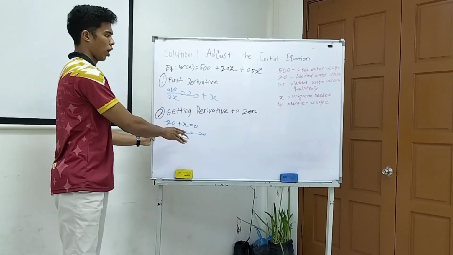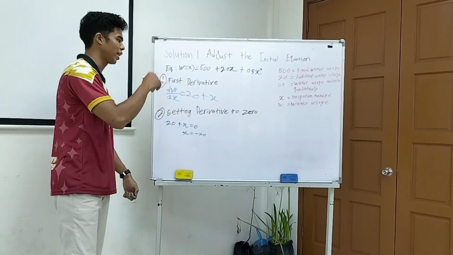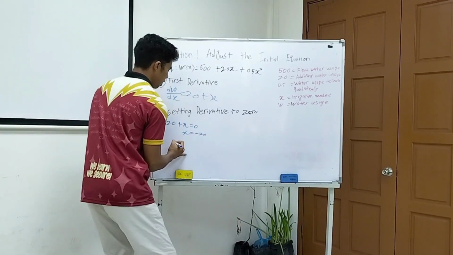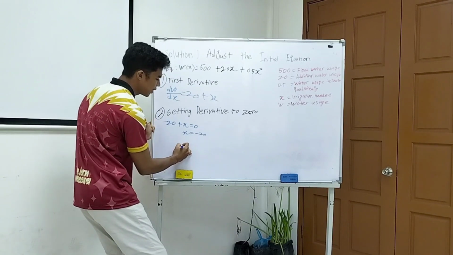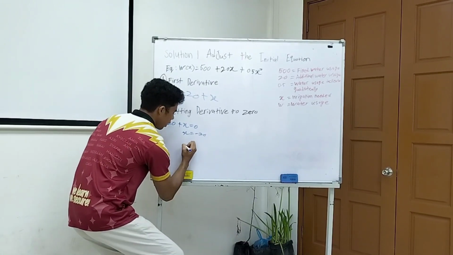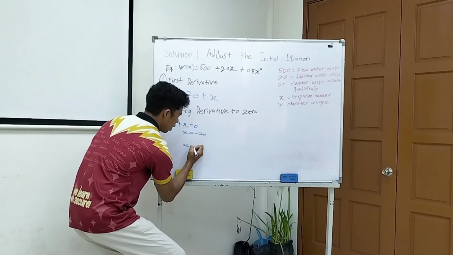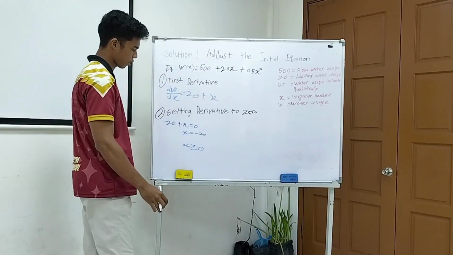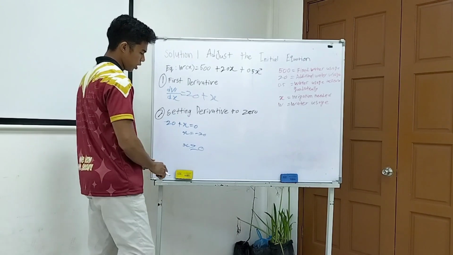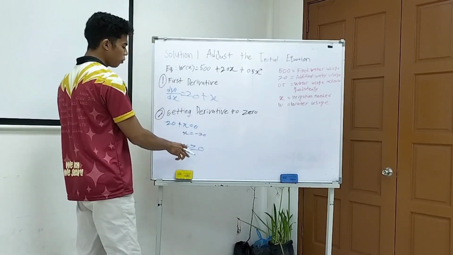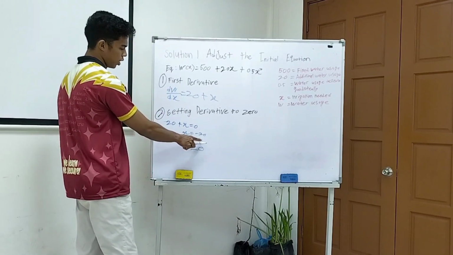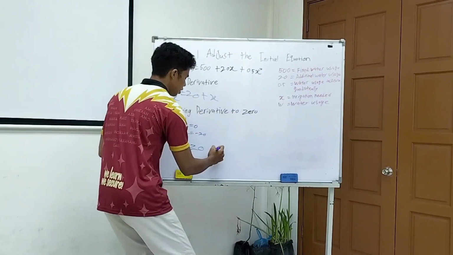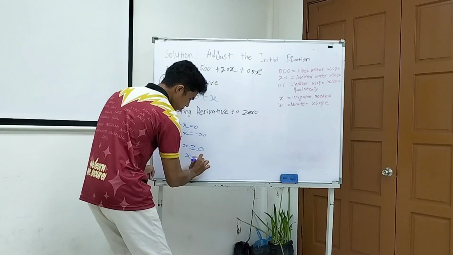For this problem, x cannot be less than 0, which means x must be more than or equal to 0. So practically, instead of negative 20, you choose 0 for x, so x becomes 0.